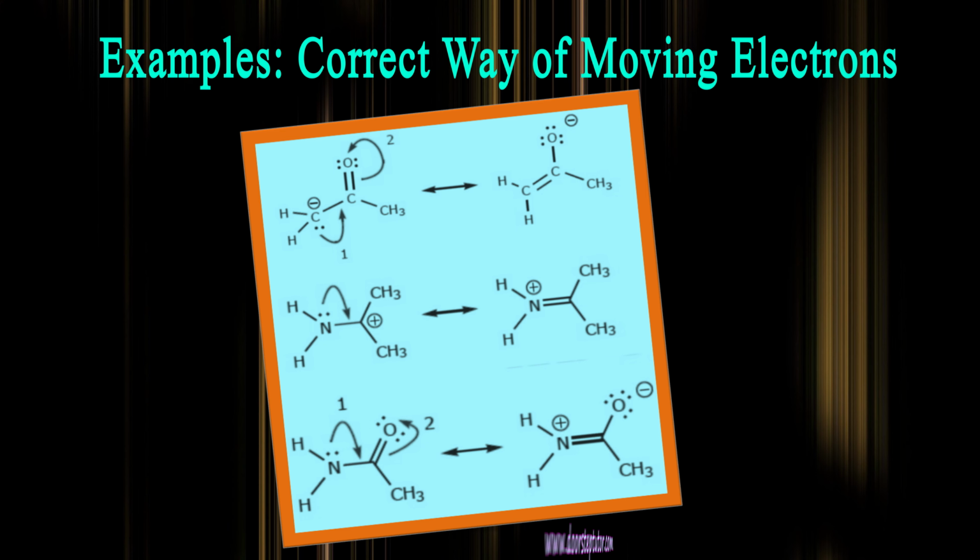The reason is, if you move the lone pair from oxygen to carbon, then this carbon will have 5 bonds, right? So this is not a possible case, okay? This does not happen because it does not follow the octet rule.